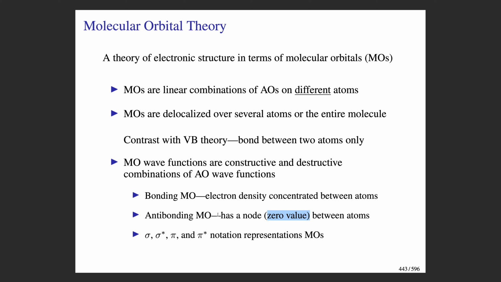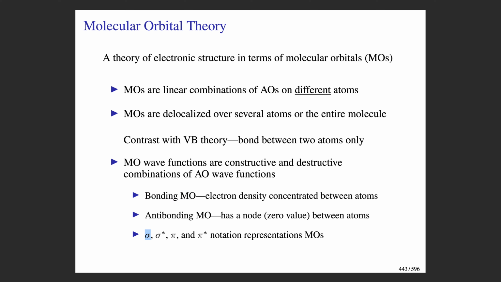That tends to destabilize the molecule. So if you put electrons in an anti-bonding orbital, it causes the energy of the molecule to go up. If you put electrons in a bonding molecular orbital, it causes the energy of the molecule to go down relative to the separated atoms. So we're going to have bonding and anti-bonding orbitals.